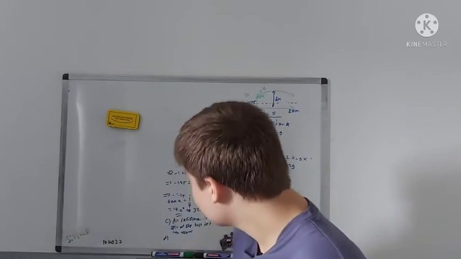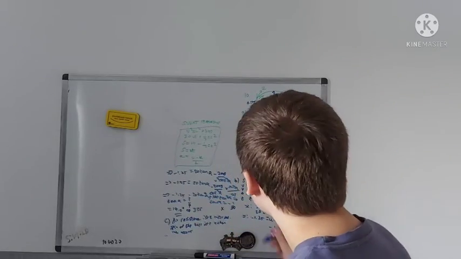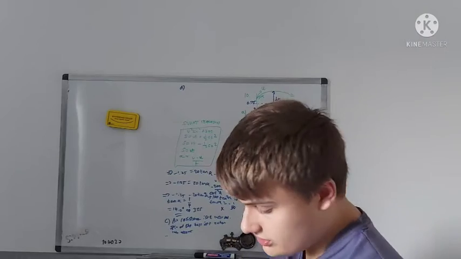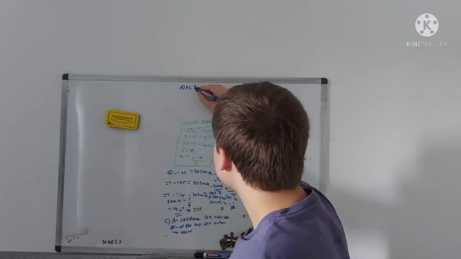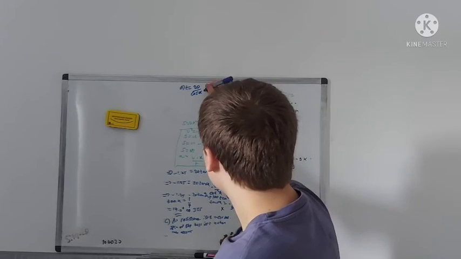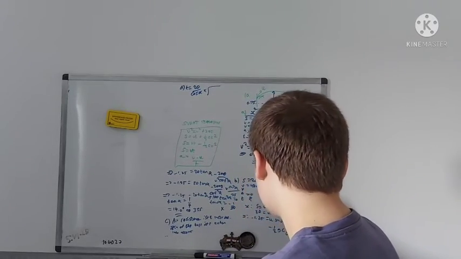For part D, in fact I won't do part D there, I shall do part D up here. So for part D, T is the 20 over cosine of alpha multiplied by the square root of that inverse.